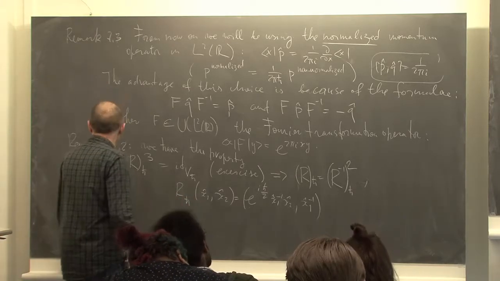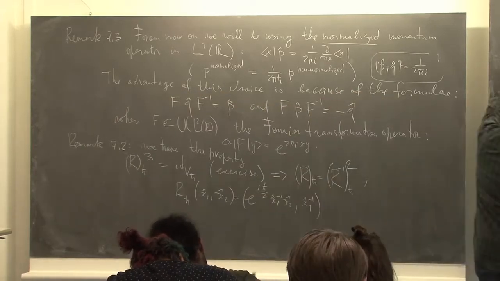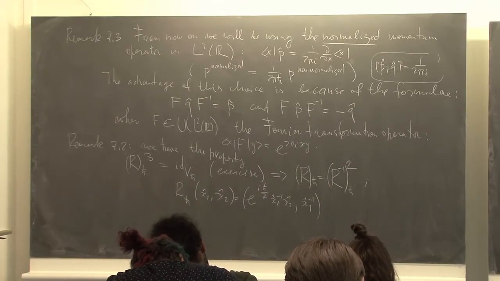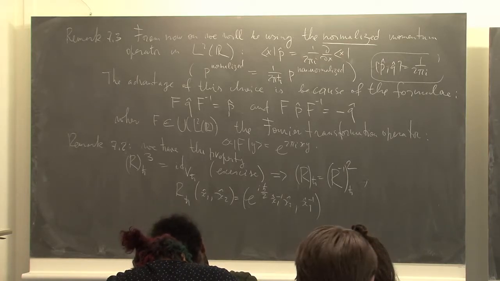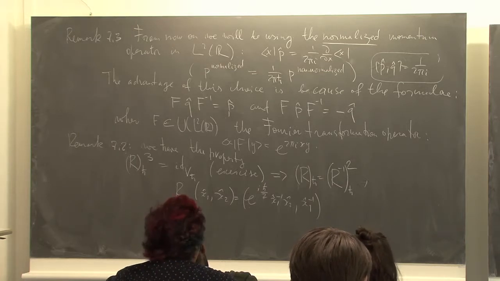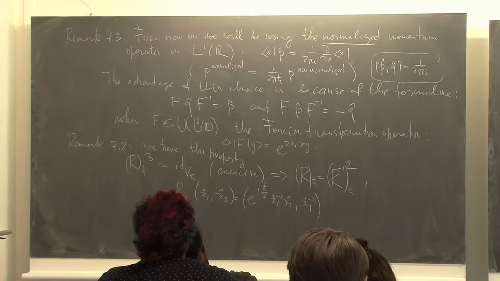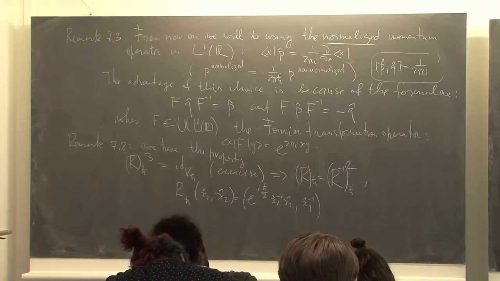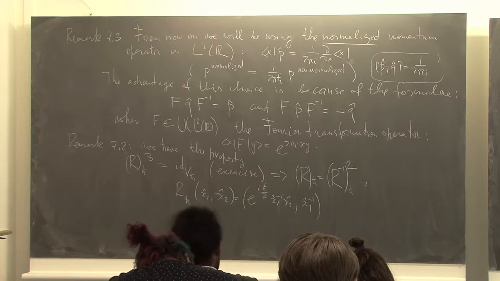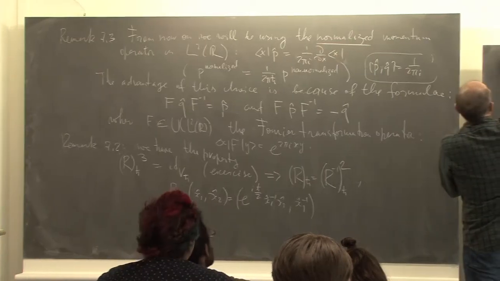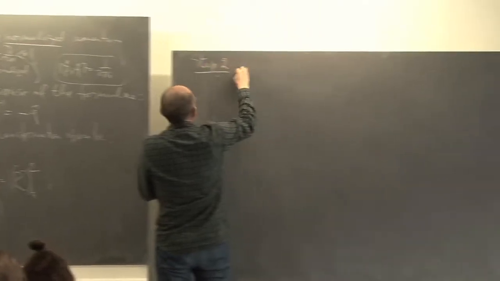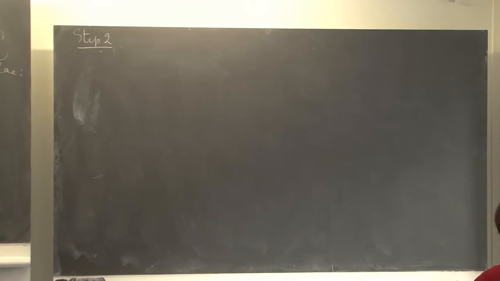Okay, so finally we can turn to step 2 of quantization. We have to pick a Hilbert space.